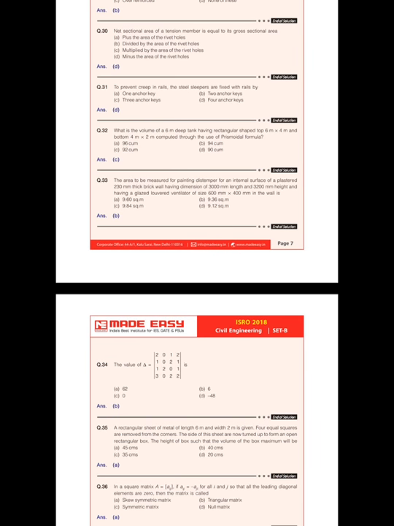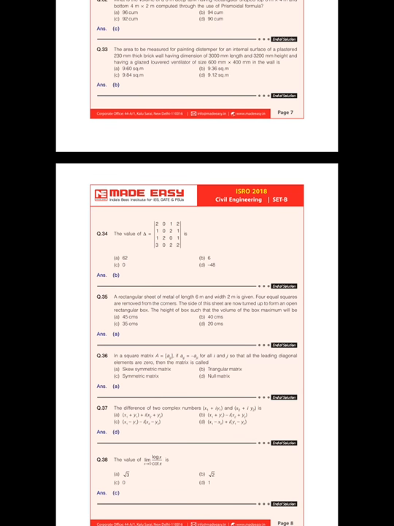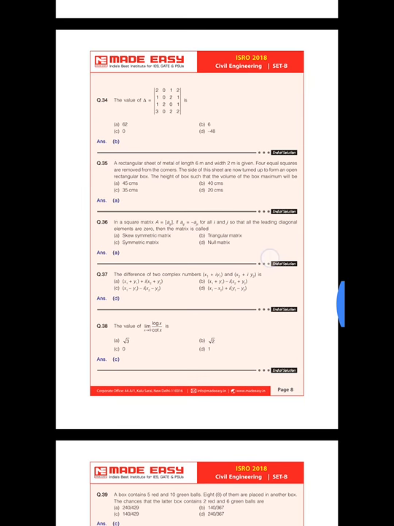To prevent creeping in the rails, the steel sleepers are fixed to the rails by two anchor keys. Yes, you can see in railway stations that two anchor keys are provided. What is the volume of, okay, this is a numerical, we shall do it later. The area of the measured, okay, this is also numerical.